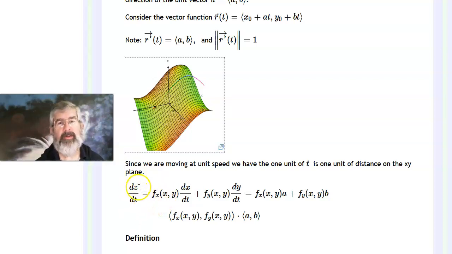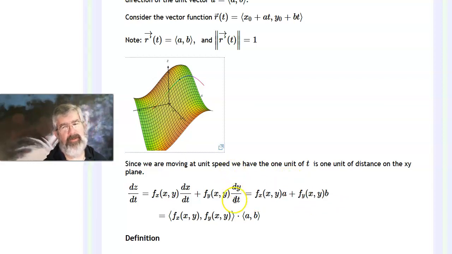Well, the chain rule says, since z is a function of x and y, that you take the partial with respect to x multiplied by dx/dt, and then take the partial with respect to y times dy/dt. Well, we noticed above that dx/dt was a and dy/dt was b, and so this is just the partial with respect to x of the function times the x component of that unit vector plus the partial derivative with respect to y of the function times the y component of the unit vector, which I could write as a dot product.